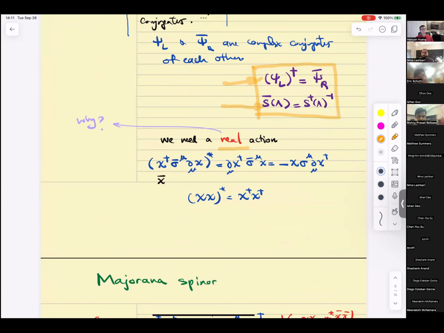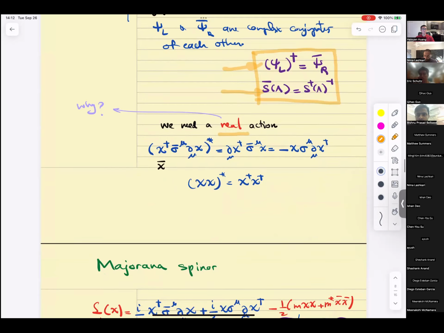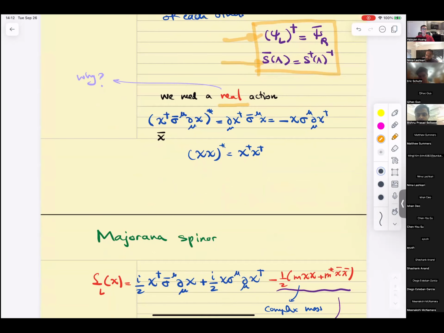Well, the answer is very simple. If you, from the action principle, go to the Hamiltonian picture, you want a Hamiltonian which is real. Summation? Thank you. All right, very good, thank you.